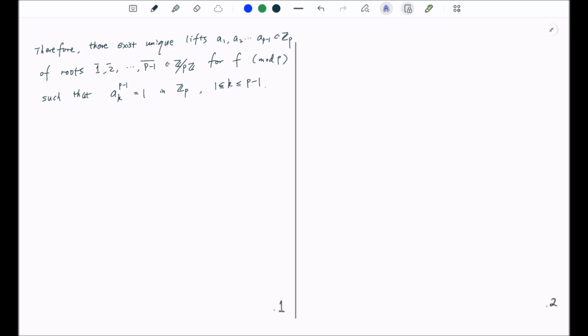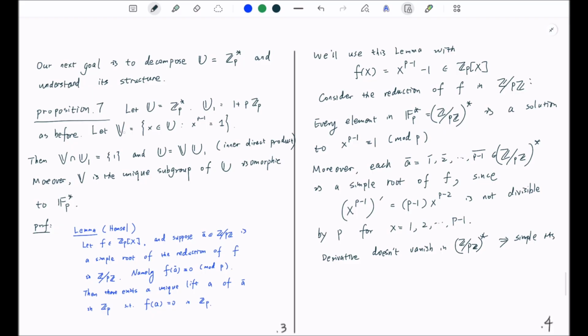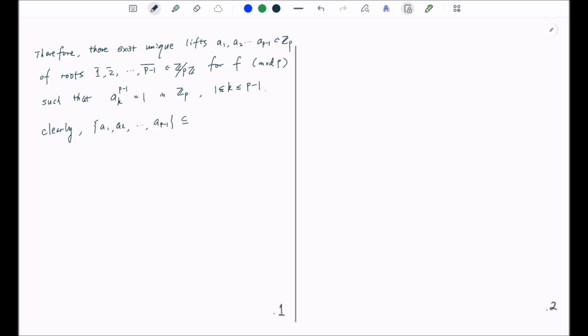Since they all satisfy that a sub k to the power p minus 1 is equal to 1 in Zp, this collection of p minus 1 elements is contained in V. On the other hand, since this polynomial can have at most p minus 1 roots in Zp, this set has cardinality at most p minus 1.